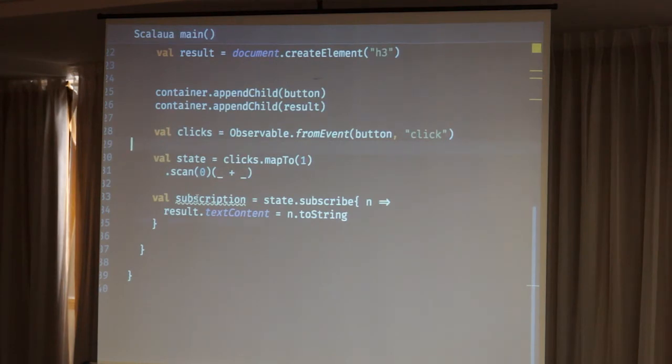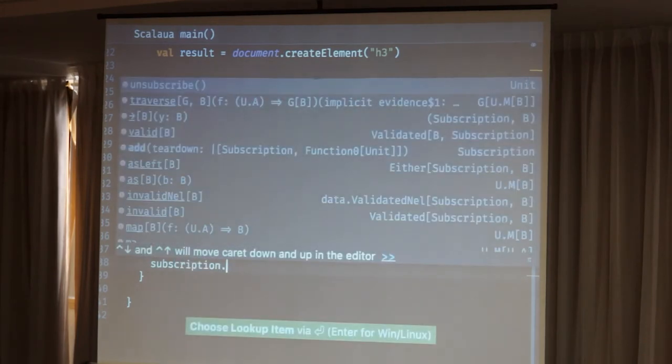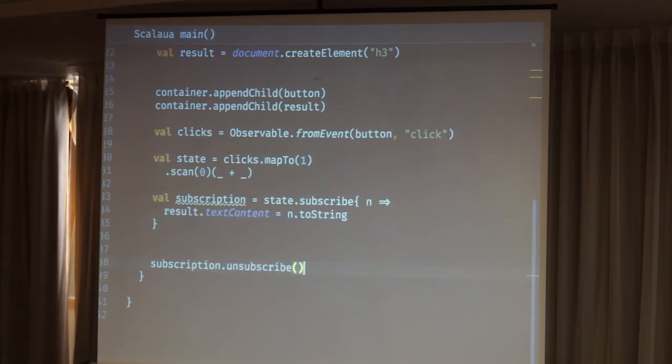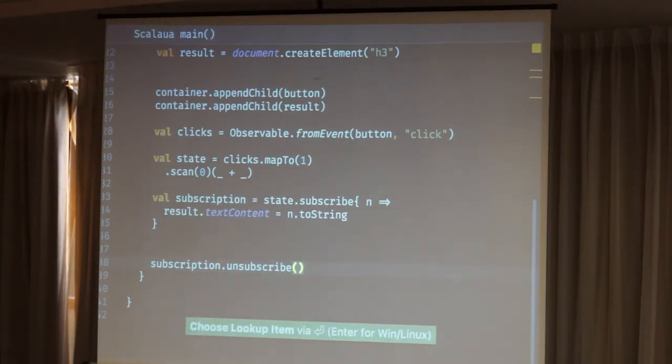So that's why at some point we need to call subscription.close. Actually, not, it's unsubscribe, sorry. Unsubscribe at some point. But obviously, if we just call it right here, our program wouldn't work. So these are a couple of problems that we have.